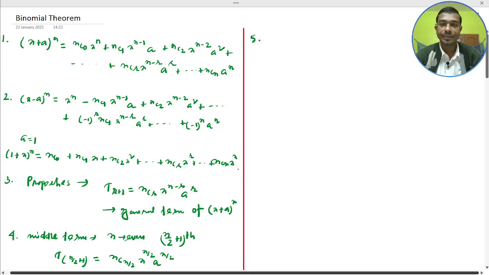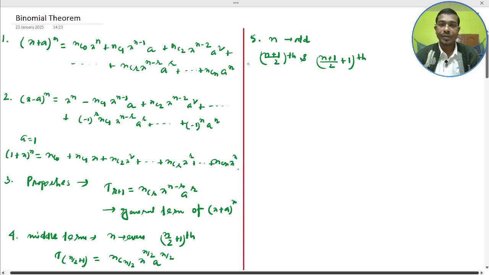Next, when n is odd, there are two middle terms. First, the ((n plus 1) by 2)th term, and the other one is the ((n plus 1) by 2 plus 1)th term.